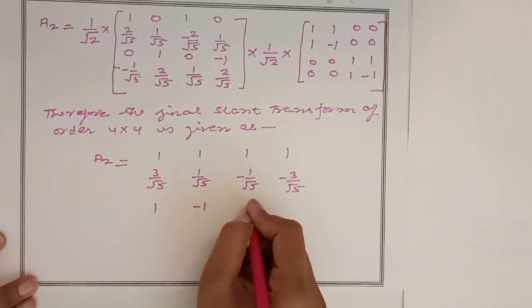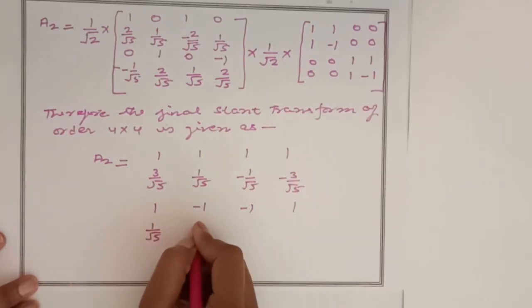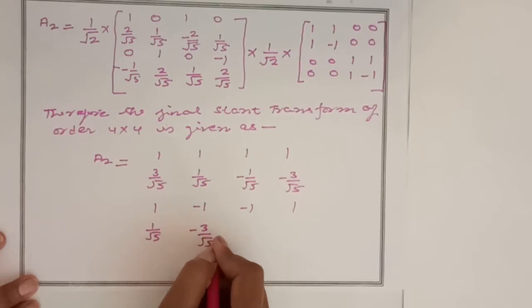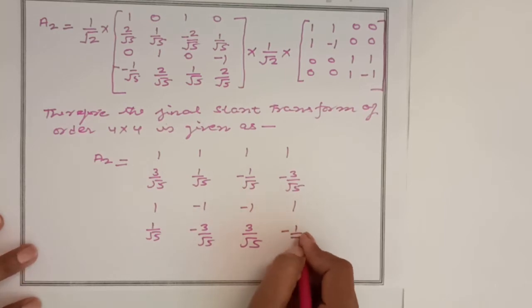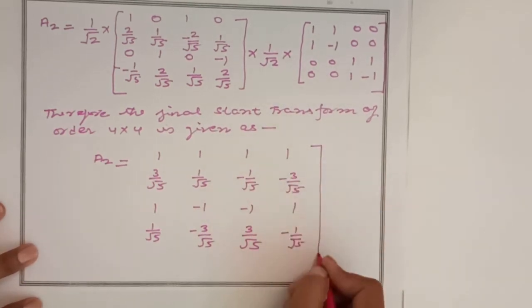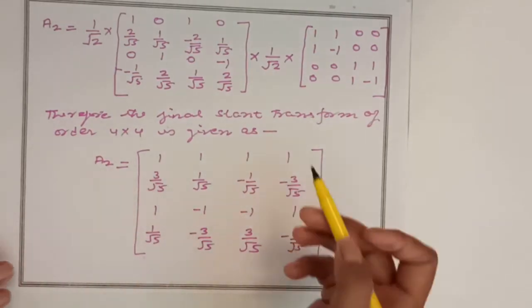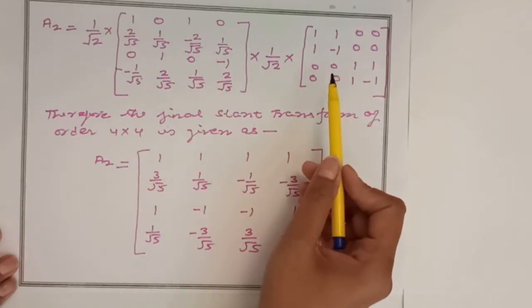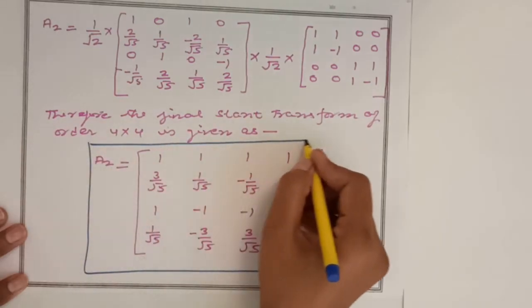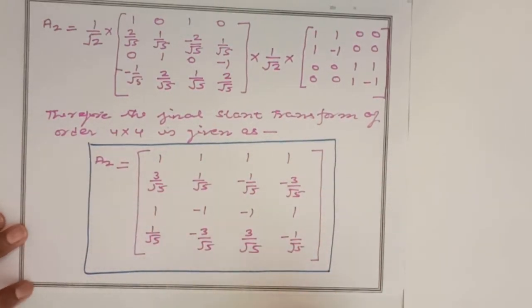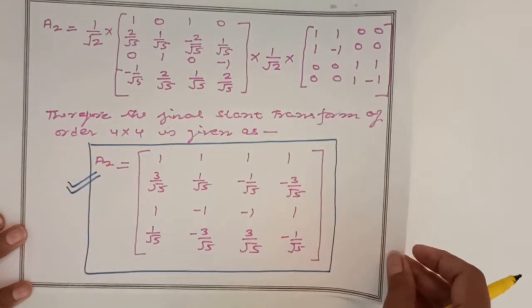Third row is 1, minus 1, minus 1, 1; 1 upon under root 5, minus 3 upon under root 5, 3 upon under root 5, and minus 1 upon under root 5. This is a 4 cross 4 matrix. If you multiply these two matrices, you will get this answer. Perform each and every step of multiplication to avoid any kind of error, and you will get S4 the same as this 4 cross 4 matrix.